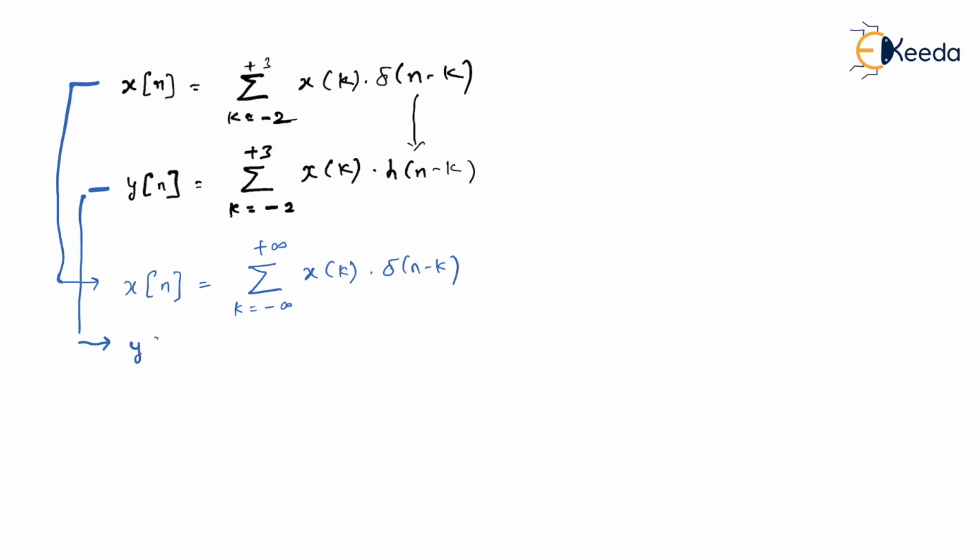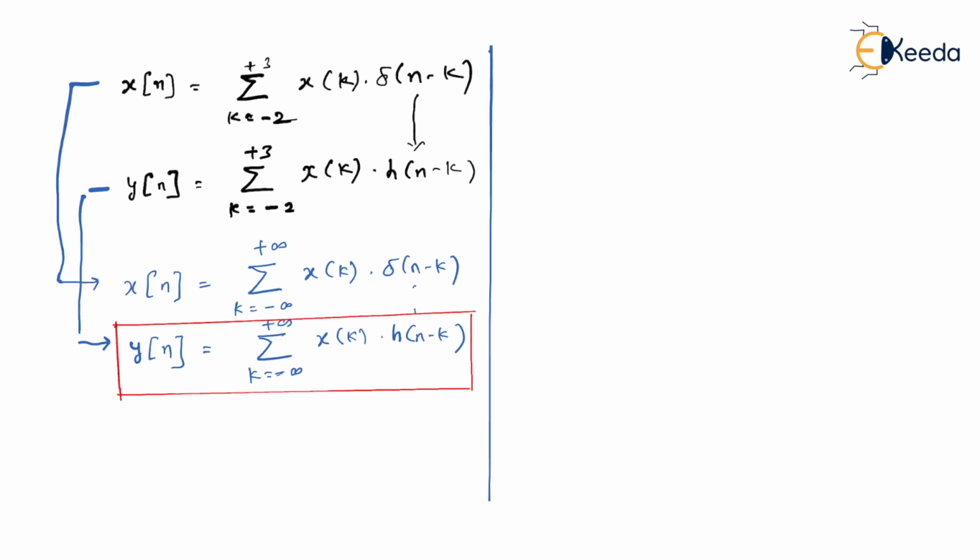Similarly, our output y of n can be expressed in general as y of n equal to summation, k varied from minus infinity to plus infinity, x of k. We know that for del of n minus k we get the response h of n minus k. Is that right? So this response, that is the output response y of n, is very important, which I'm highlighting now. This y of n is what we call the output response.